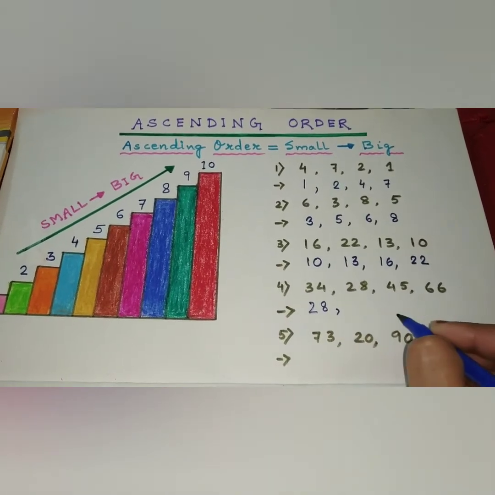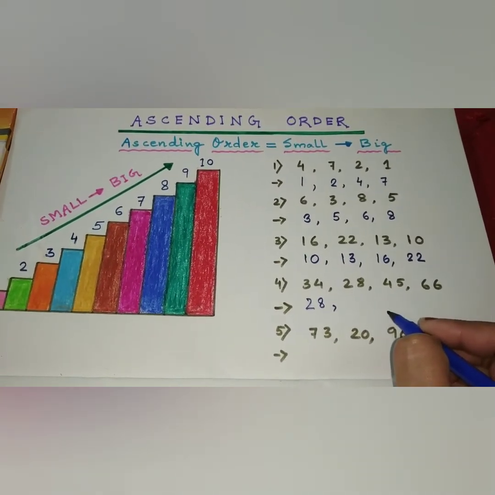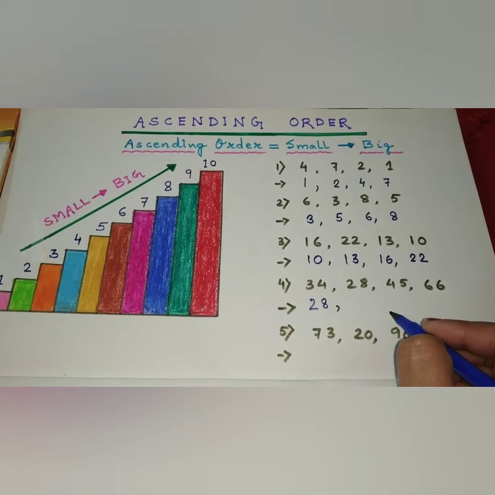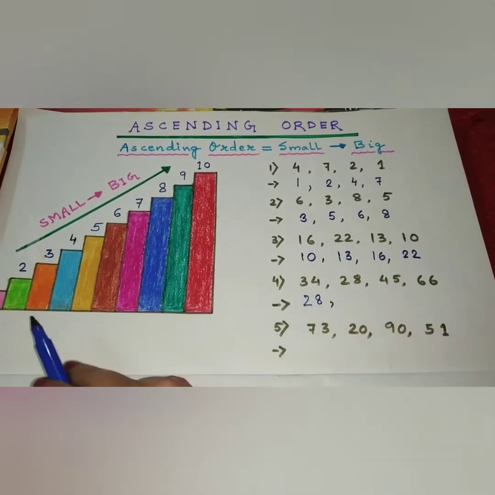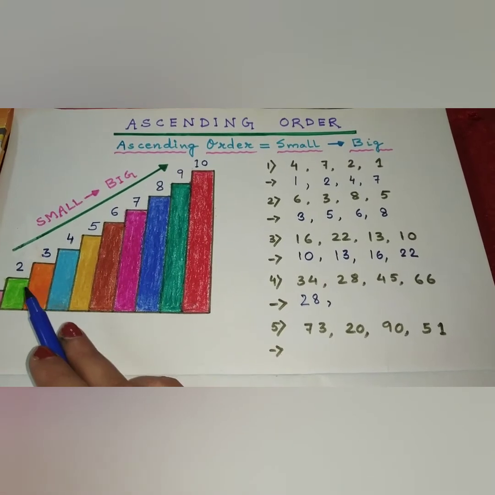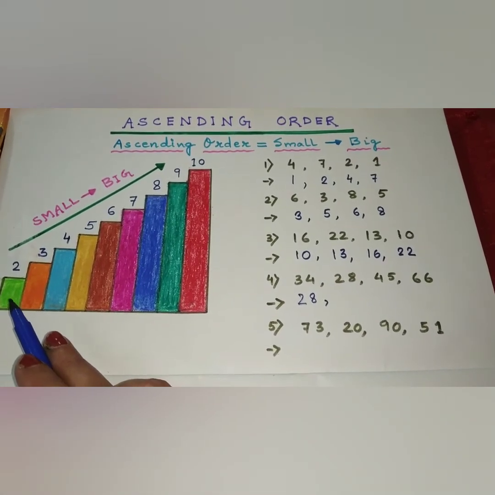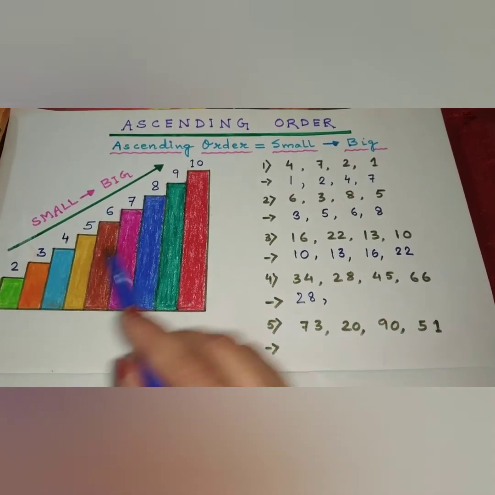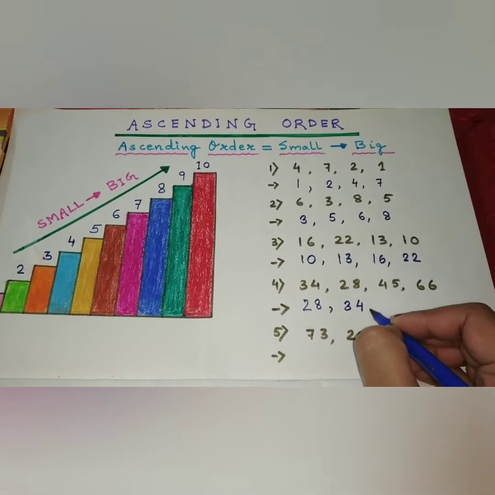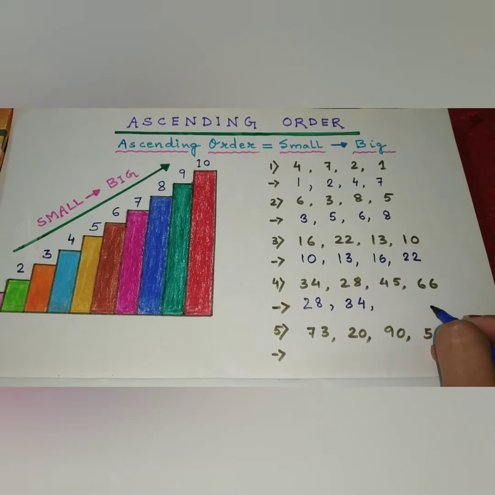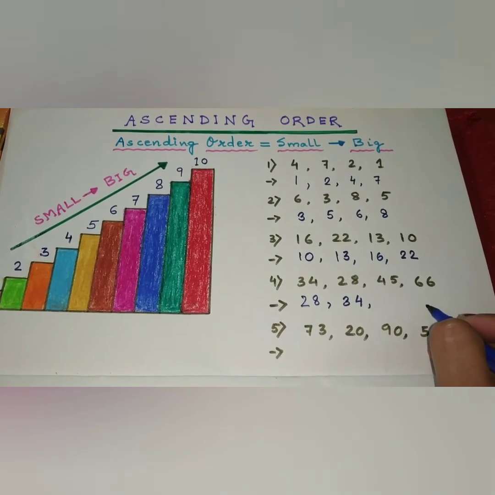Comma. Now can you tell me which is the second smallest number? Yes, you are right. 34, as the first number is 3 and 3 is bigger than 2, and 2 is smaller than 3. So then the number will come 34. Next number? Right, 45.